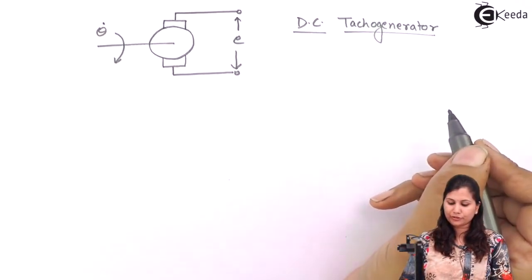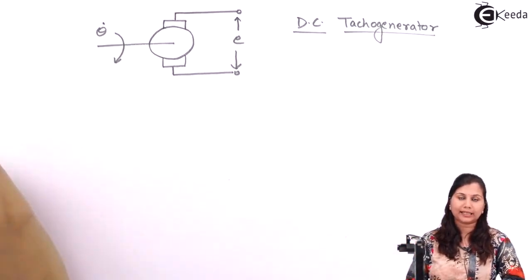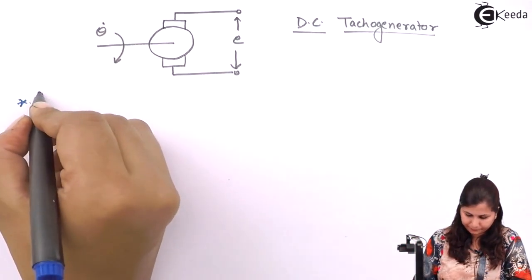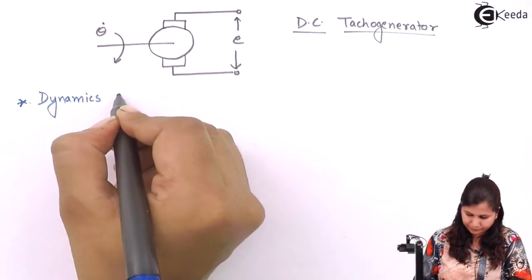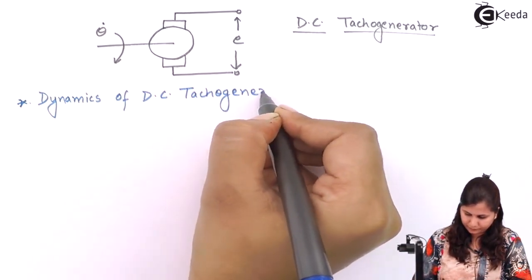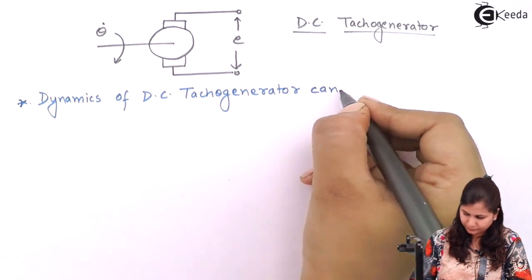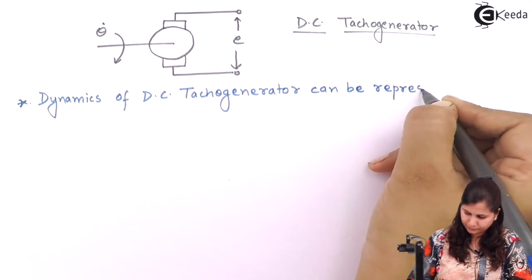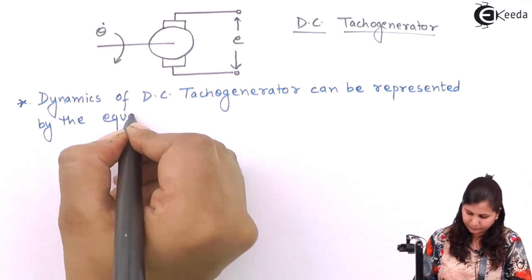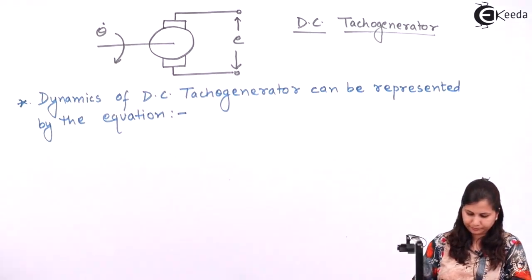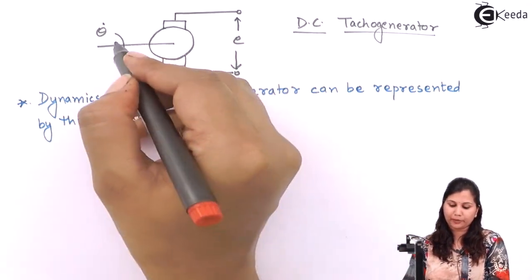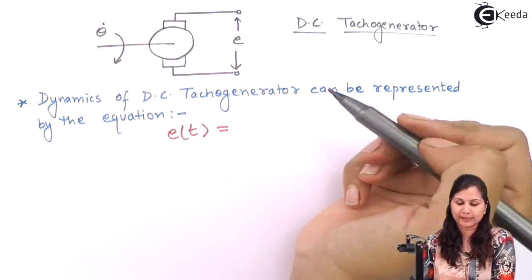Now the equation for the DC tachogenerator can be written as: the output voltage is proportional to the shaft speed.